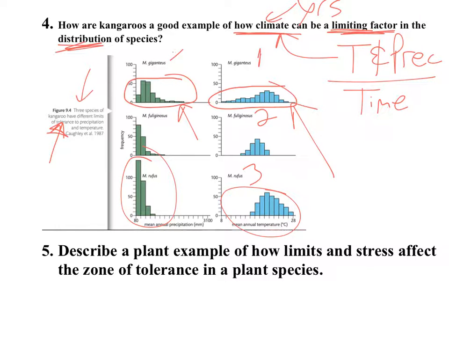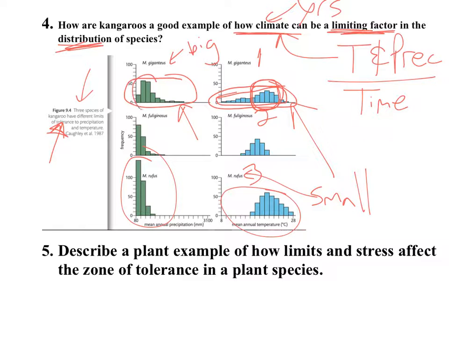So if you look at gigantus, that's the big one. It's the huge kangaroo, and rufus, the small. What this is saying is the big kangaroo, gigantus, is limited in its level of tolerance. So gigantus only exists in certain temperatures. They struggle most of the time though.